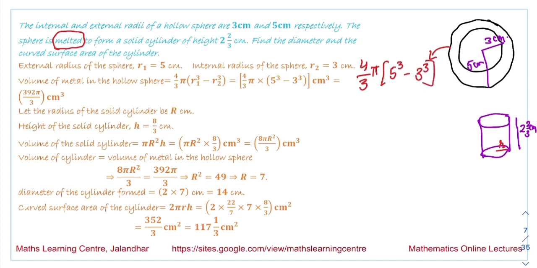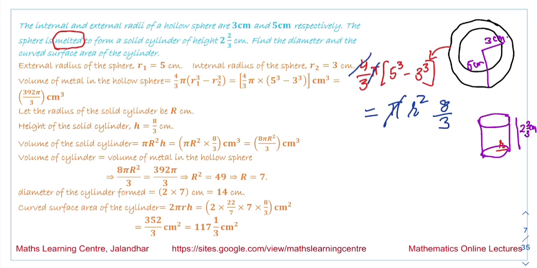This is the volume of the hollow sphere, and this should be equal to the volume of this cylinder, and the volume of this cylinder is pi r square into the height, which is 2 whole 2 by 3, and this 2 whole 2 by 3 means it is equal to 8 by 3. So both these values should be equal.